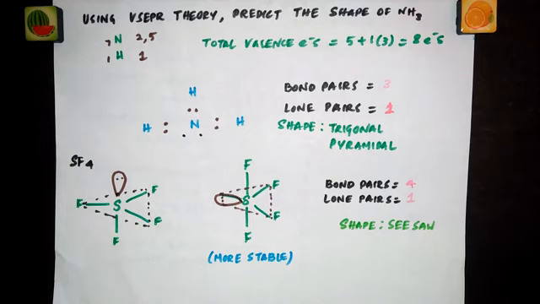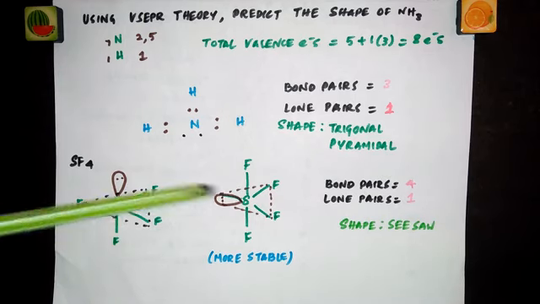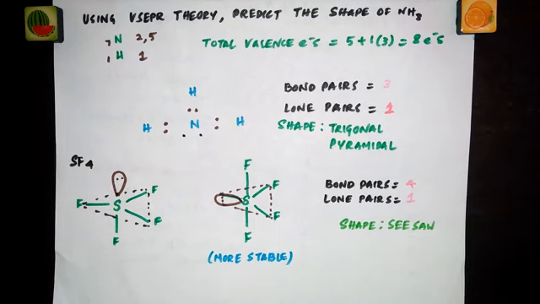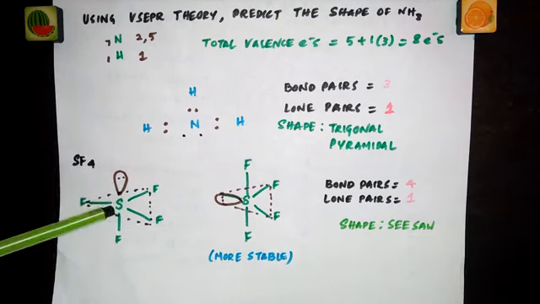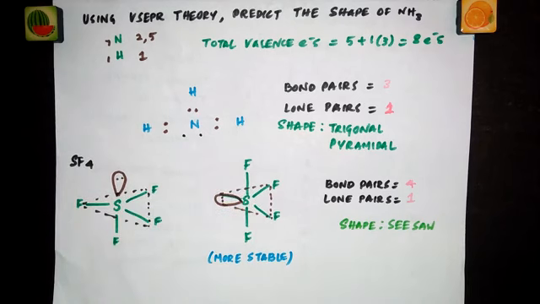The next one is SF4. When you look at the structure of SF4, it has a seesaw shape. It has 4 bond pairs and 1 lone pair, and this is the seesaw shape. So there are 2 possibilities for this structure. The lone pair can be here or the lone pair can be here. So which is the proper structure of SF4? We call these positions axial and equatorial.